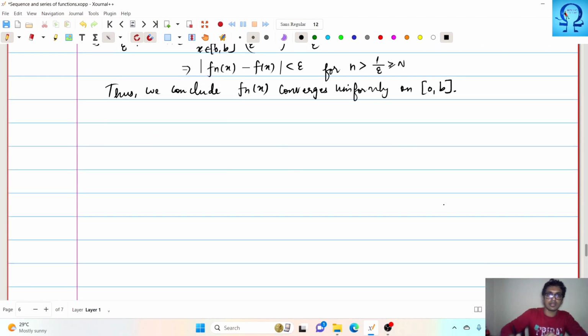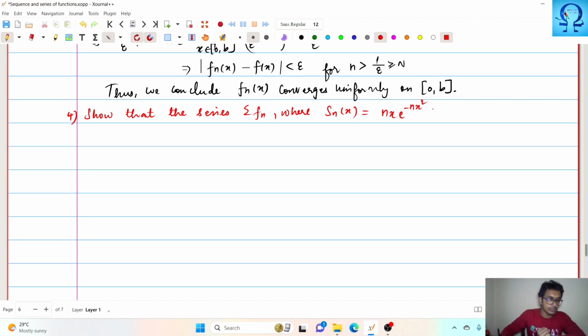Okay, the next example that we are going to see is, now we will have to show that the series summation fn, where Sn of x, that is the sum of the first n terms, is nx e to the power minus nx square.